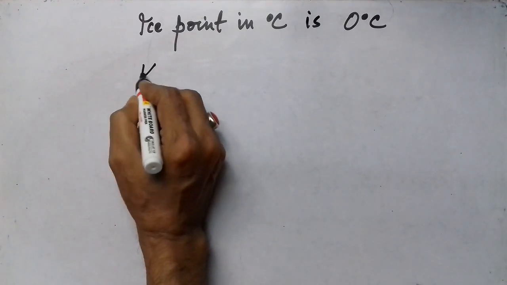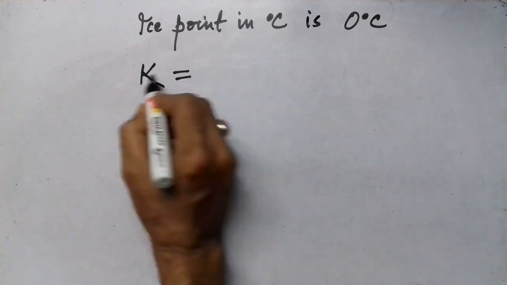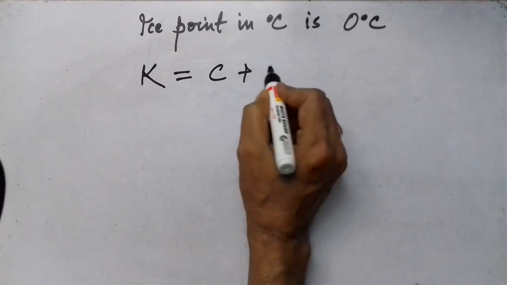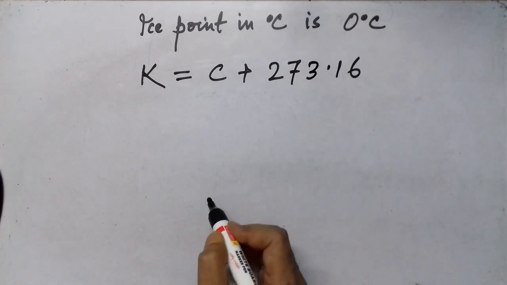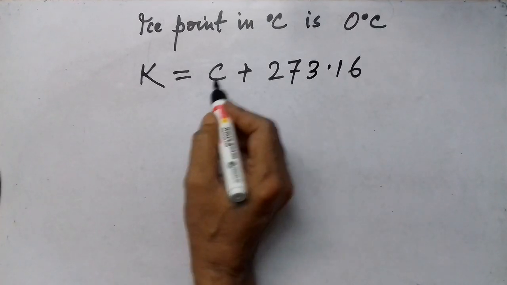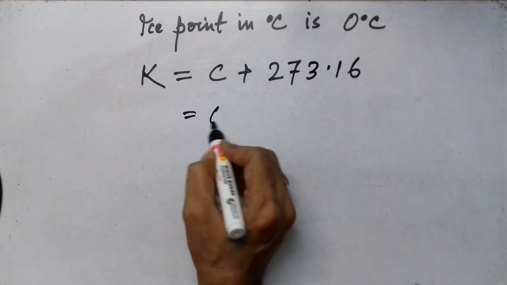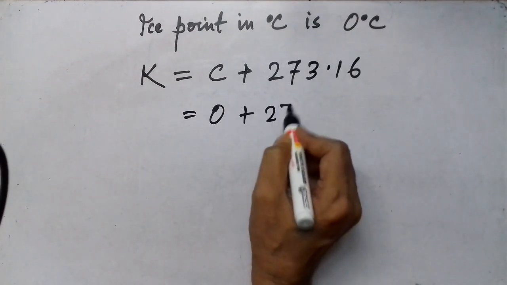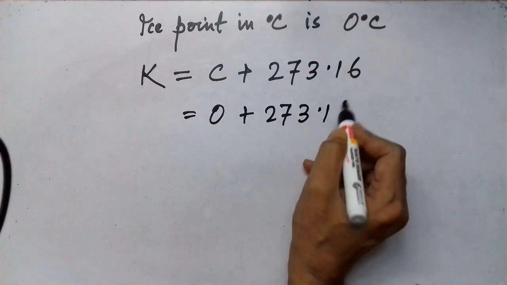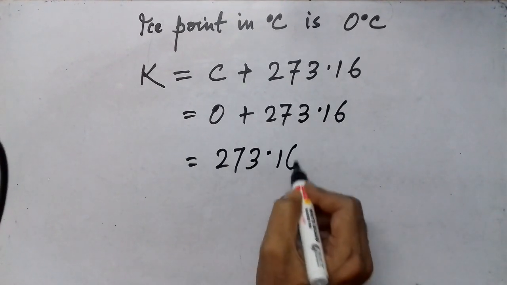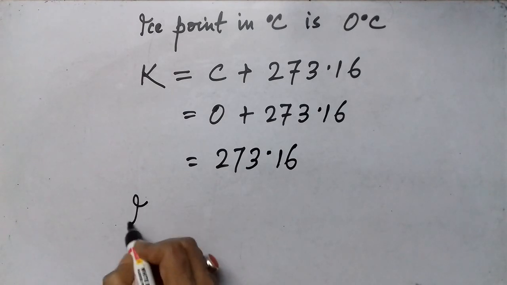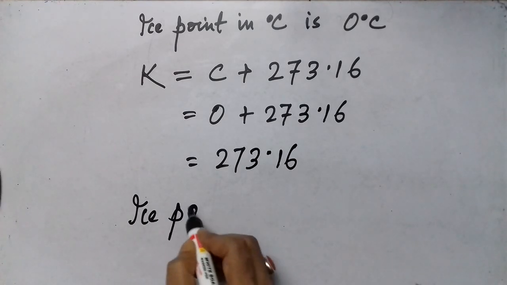We know, just we have learned, K is equal to C plus 273.16. C, this measurement is 0. Add 0. We are getting 273.16.